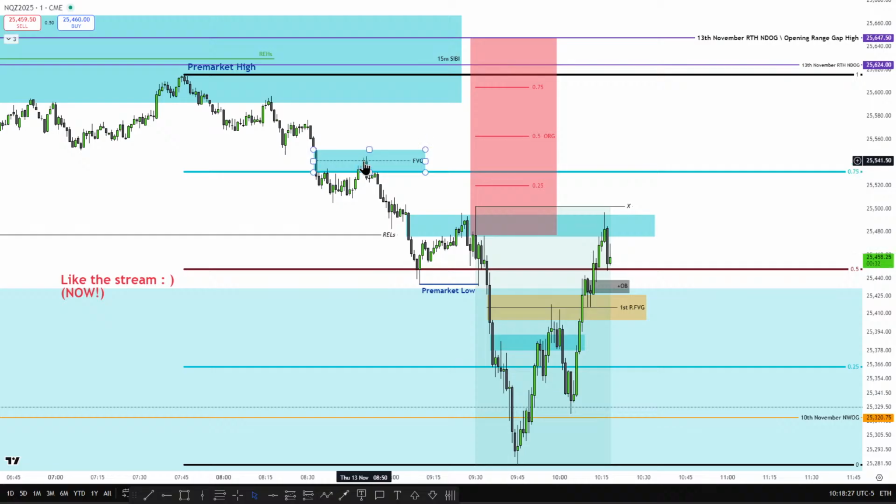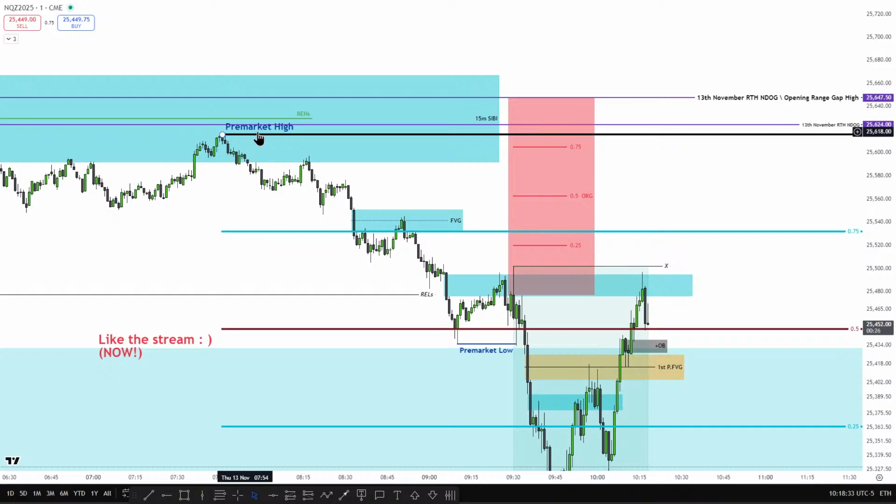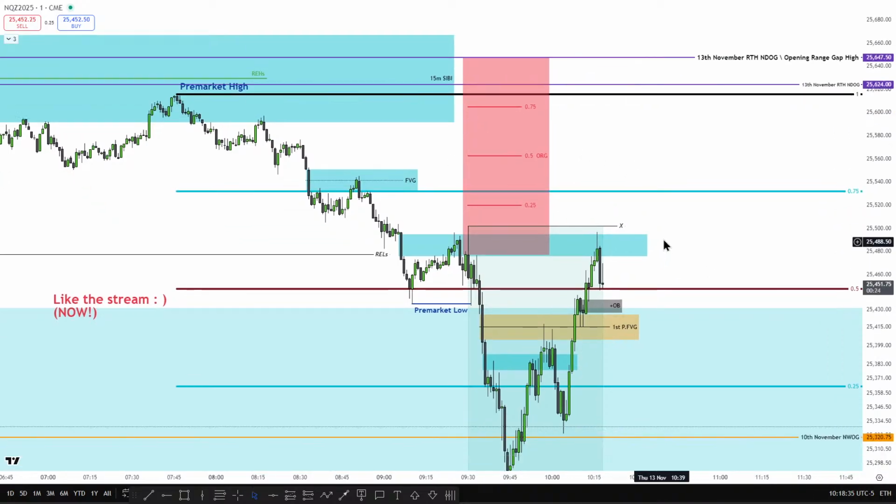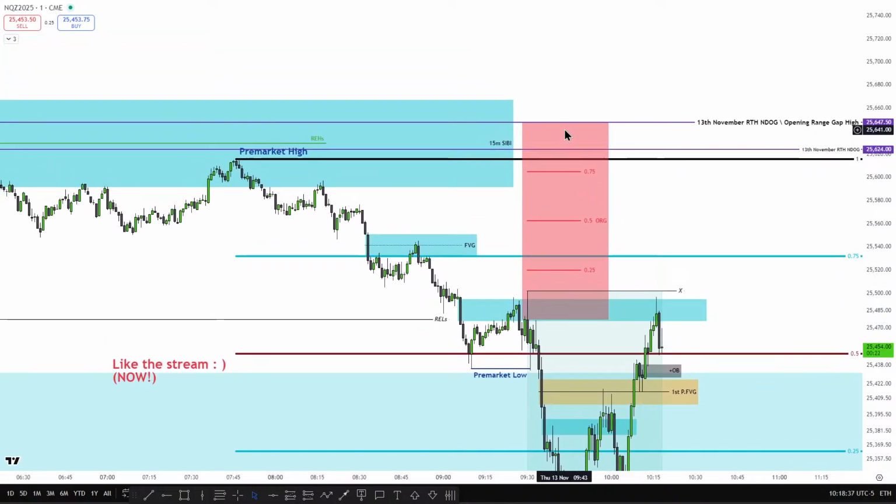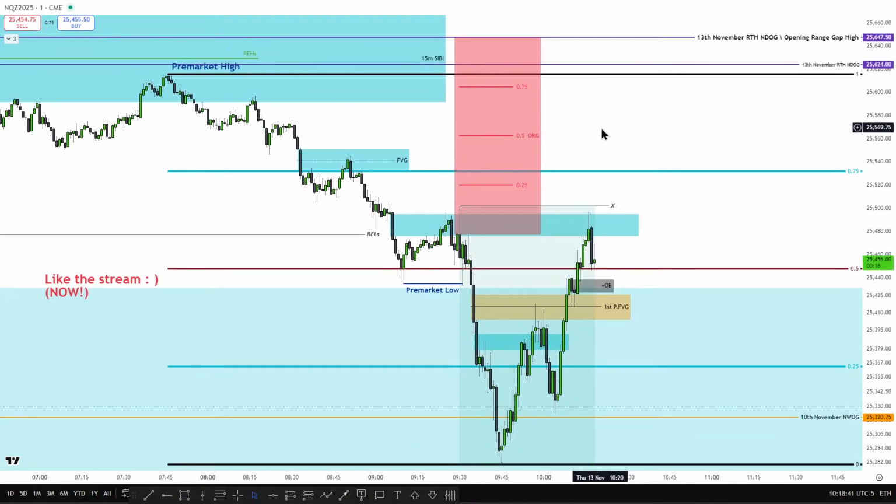You go for this high. You can go for the opening range gap consequent encroachment. You can go for the pre-market highs. You can just take it off right here and be content with what you've already made. You can go for the opening range gap, the full closure. You can do a lot of things. Whatever you're comfortable with.